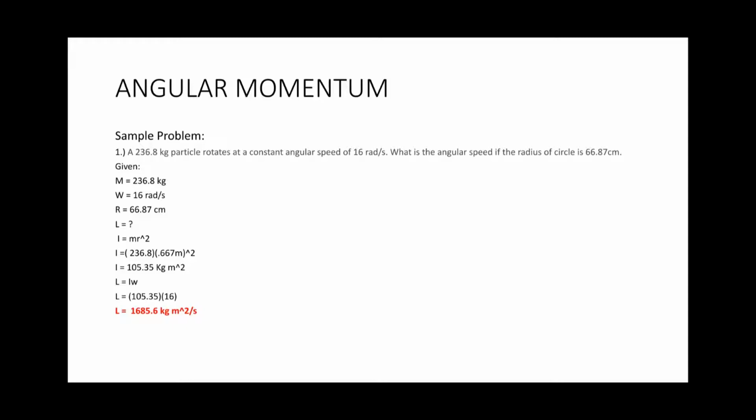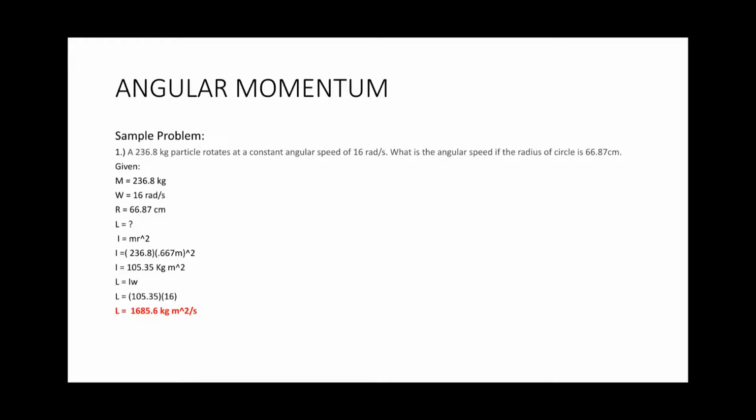To solve this problem, first we will get the moment of inertia because we will use the formula L is equal to I times W, since we were given an angular speed. To get the moment of inertia, we will multiply mass by r to the second power.